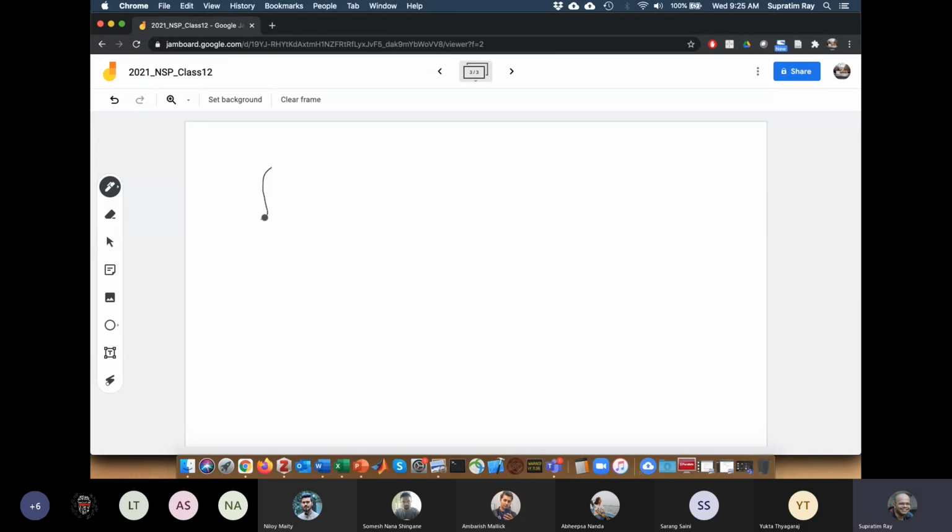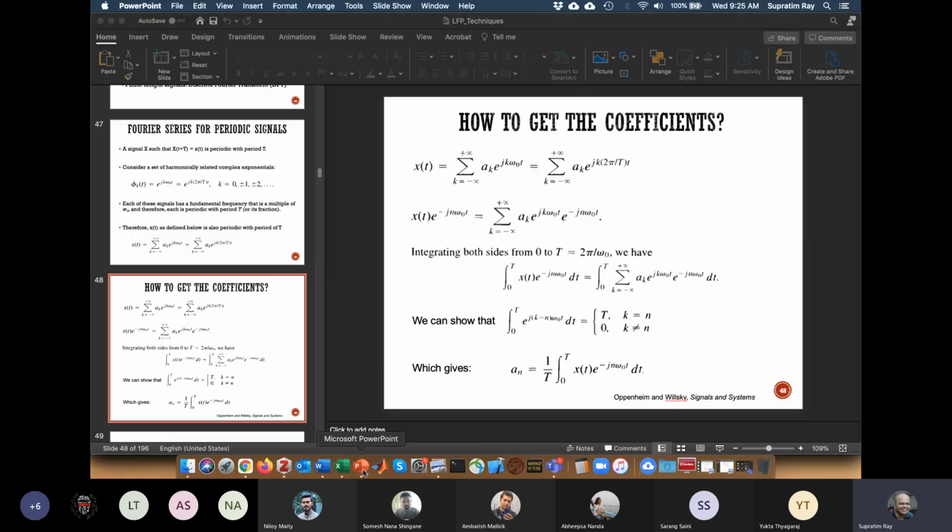So I'm going to integrate from 0 to T, and I have e to the power j (k minus n) omega naught t.